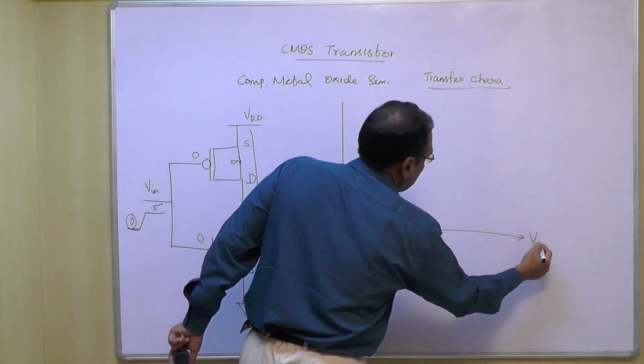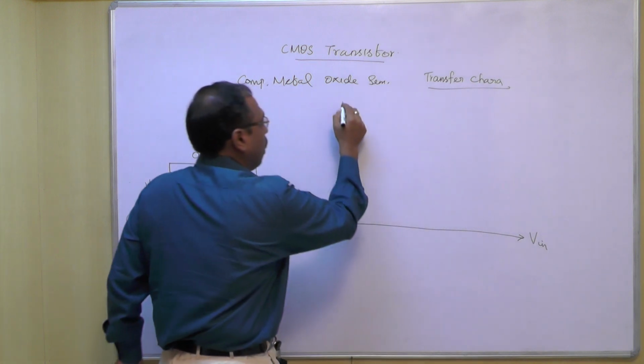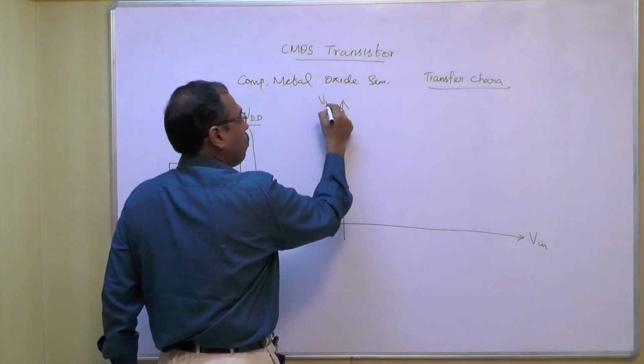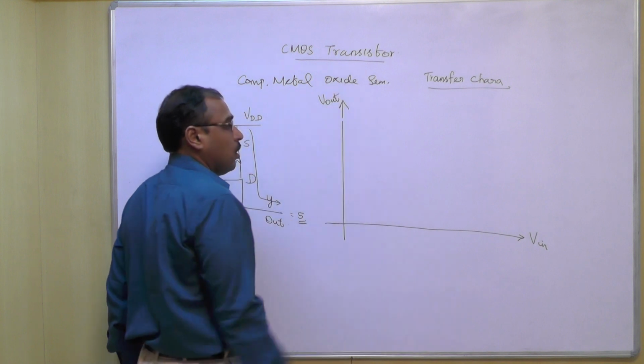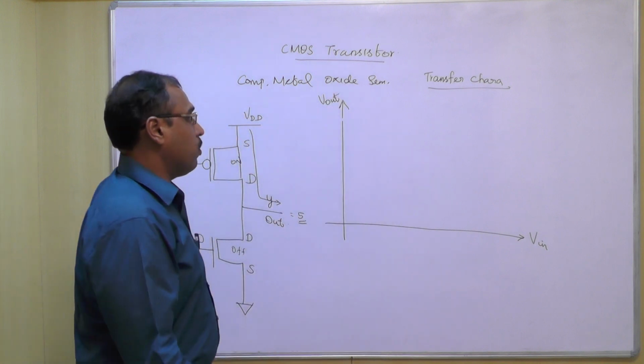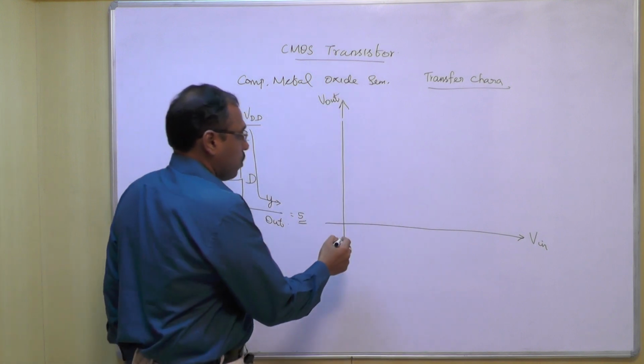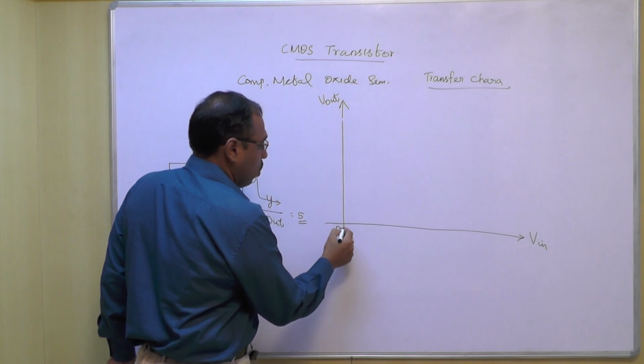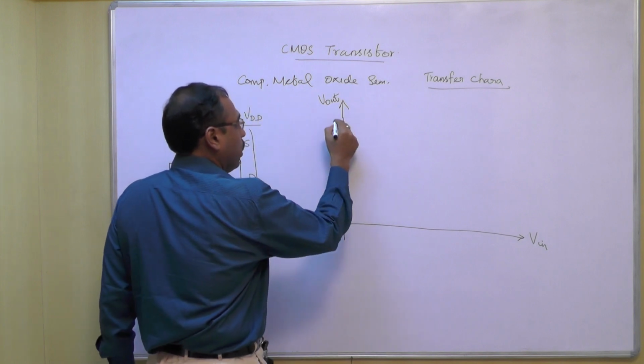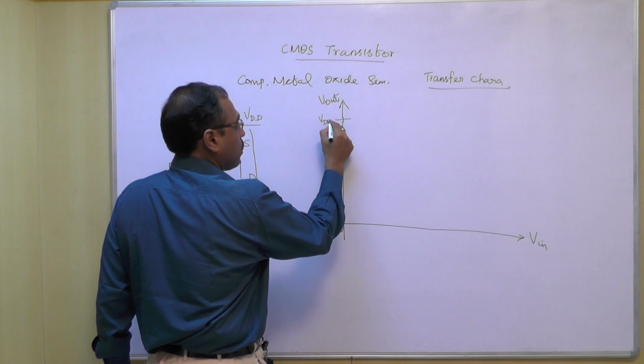On the x-axis it is the input voltage and on the y-axis it is the output voltage. When our input voltage is 0, our output voltage is VDD, so we get the maximum voltage.